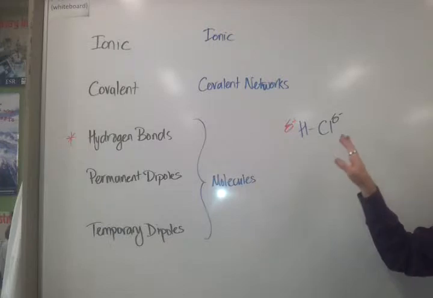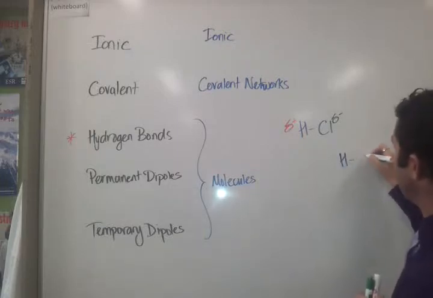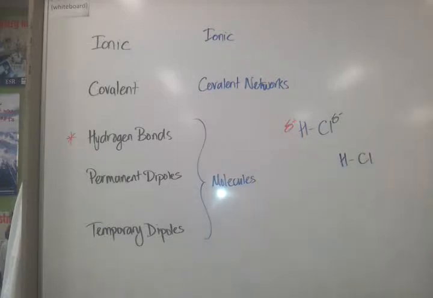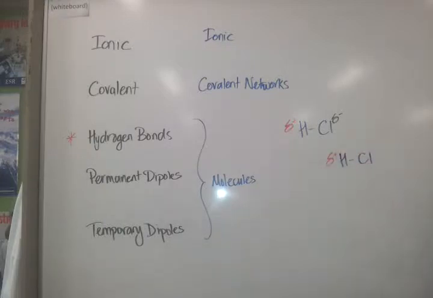If this comes near another hydrogen chloride molecule, then the slightly positive side will be attracted to the slightly negative side. So again, if we have this, the H is going to be delta positive. So there will be a slight attraction between the chlorine side and the hydrogen side of neighbouring molecules.